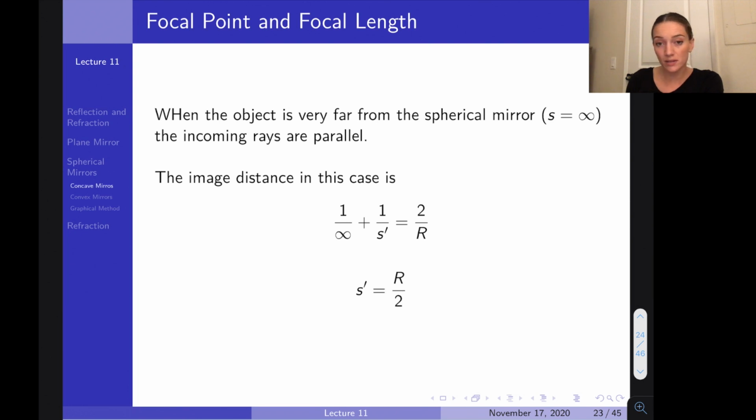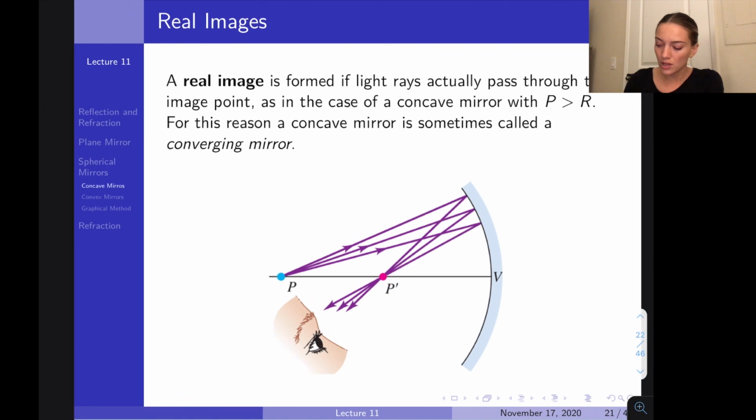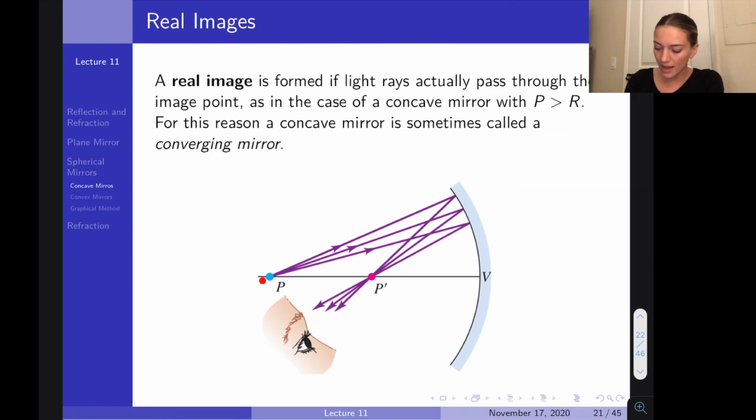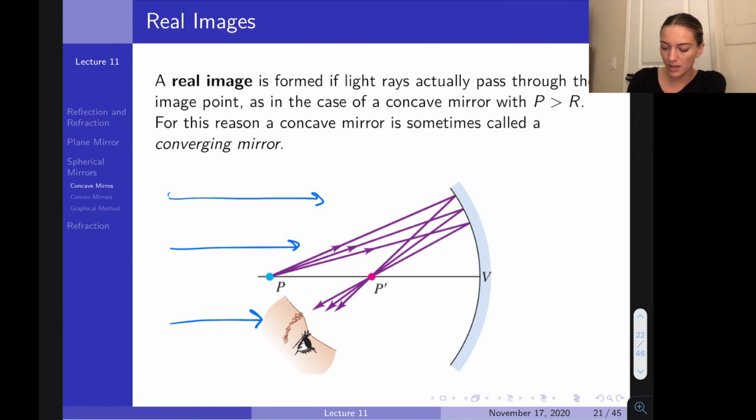In the case of a telescope, when the object is very far from the mirror, essentially your object distance is infinite, especially when you're talking about trillions and trillions of miles. The incoming rays are basically parallel. As this point moves further and further away, the rays begin to look like they're coming in directly parallel with this axis here.